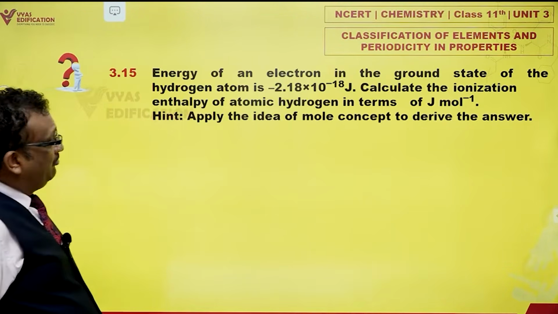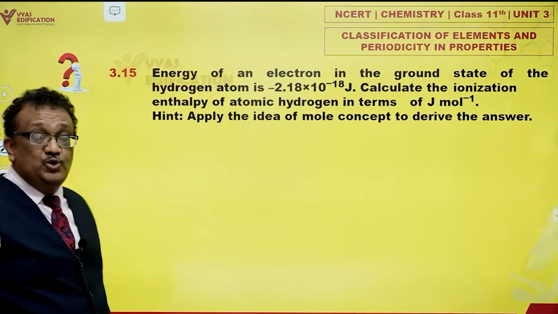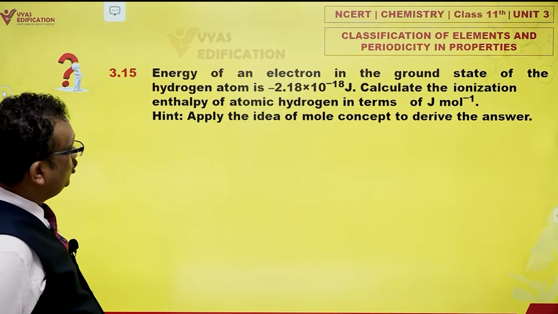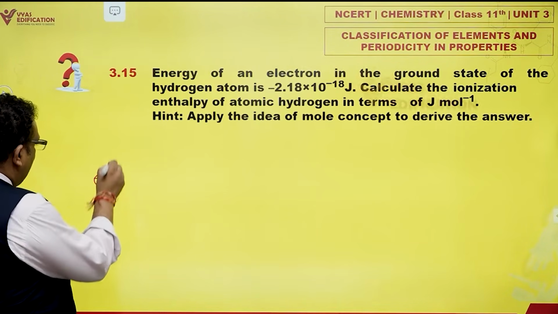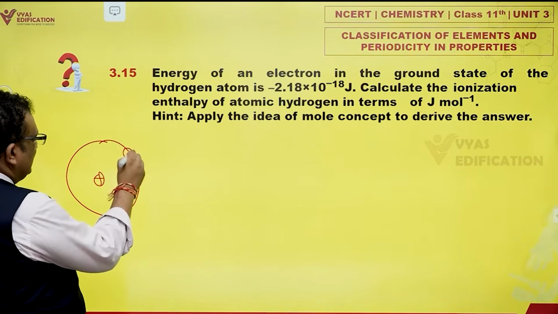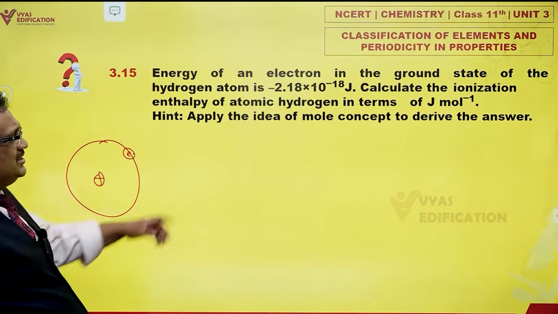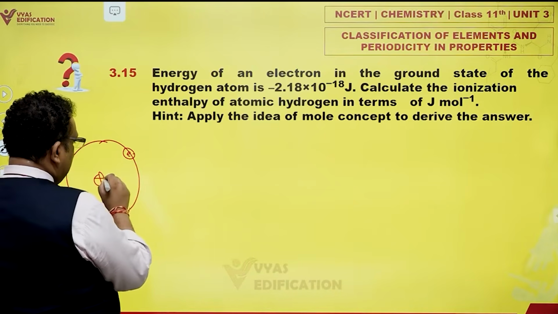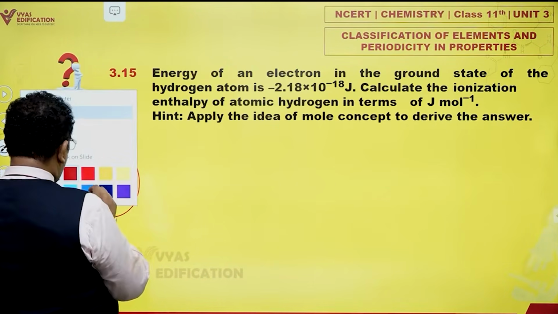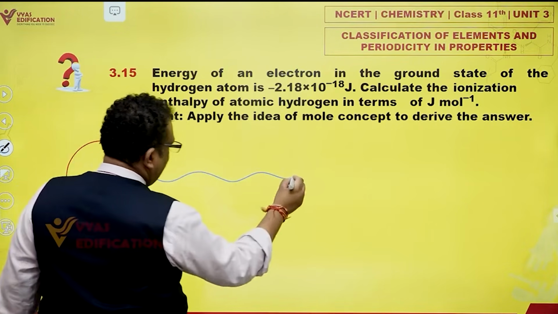Energy of an electron in the ground state of a hydrogen atom is minus 2.18 into 10 raised to minus 18 joules. Oh my God. Now that means if I have a hydrogen atom, it just has 1 electron and it has a certain energy. Now if I have to ionize this, I must move this electron away, right? And I must take it to infinity.